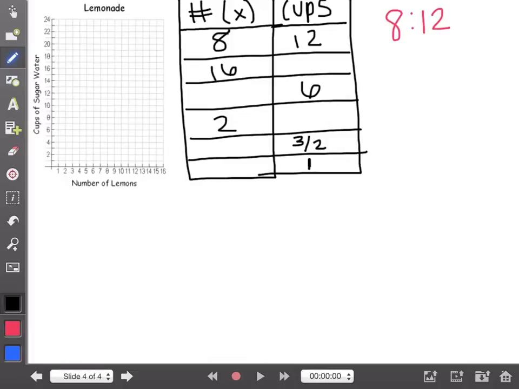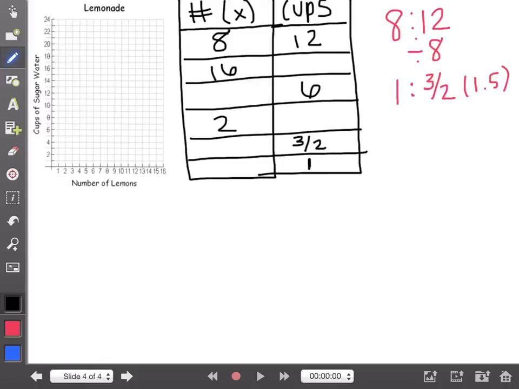So we're going to divide it by 8 so that we can get the first number equal to 1. So 8 divided by 8 is 1. And 12 divided by 8 is going to be 1.5, or 3 halves. And I'm just going to put in parentheses 1.5 right here.